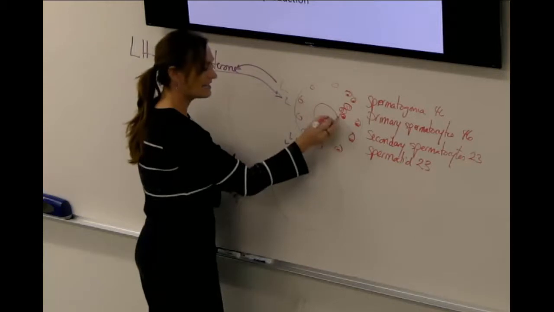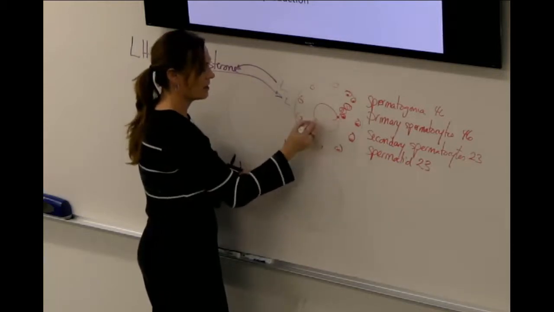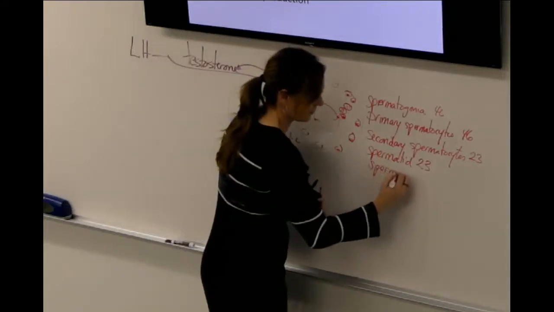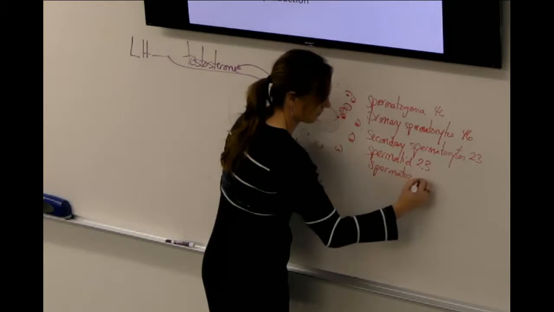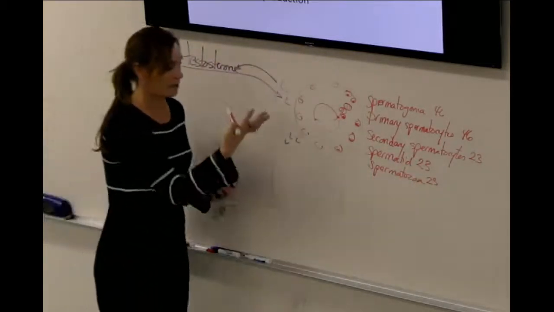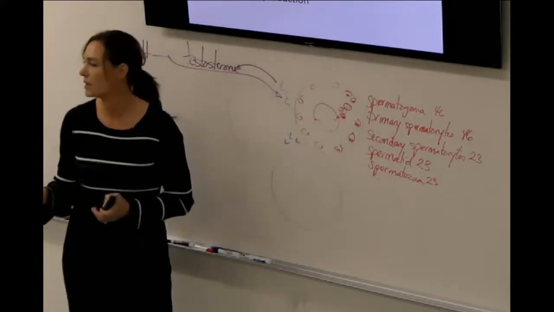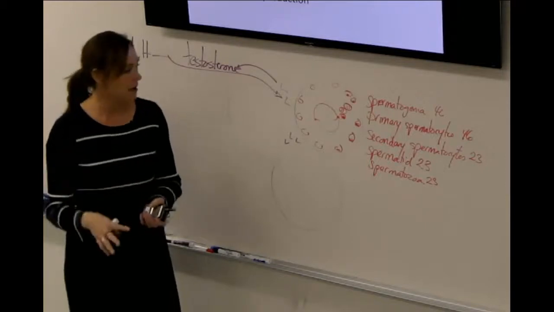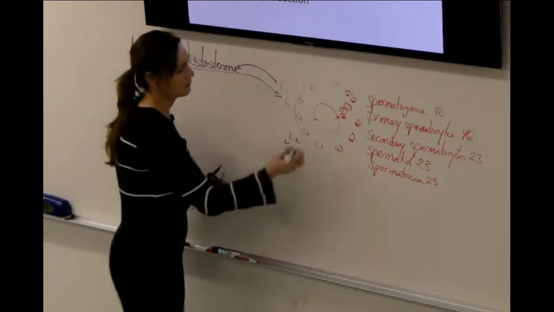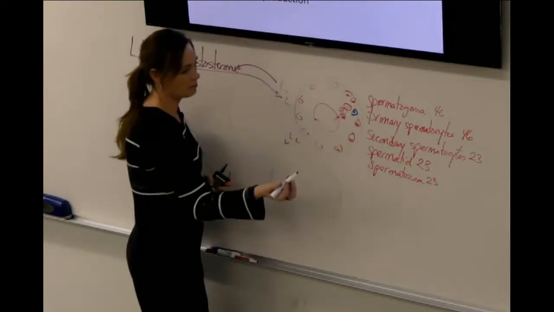And then it condenses even further to be really tiny, and then it's going to sprout a tail, and those are going to be spermatozoa, or sperm for short. And there's going to be loads of them. And then they're going to detach from the wall and start their migratory pathway through the rest of the seminiferous tubules.